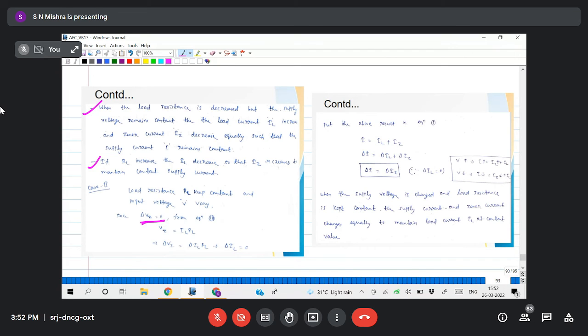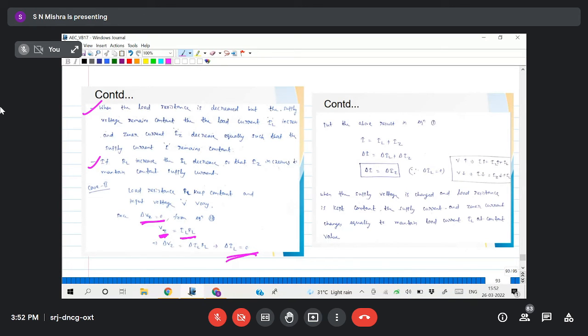If you put that in equation 3, Vz equals IL into RL, so change in Vz equals change in IL into RL. Vz change being 0 means change in load current is 0. That is obvious, because load resistance is not changing, so load current will not change. So mathematically it is proved.